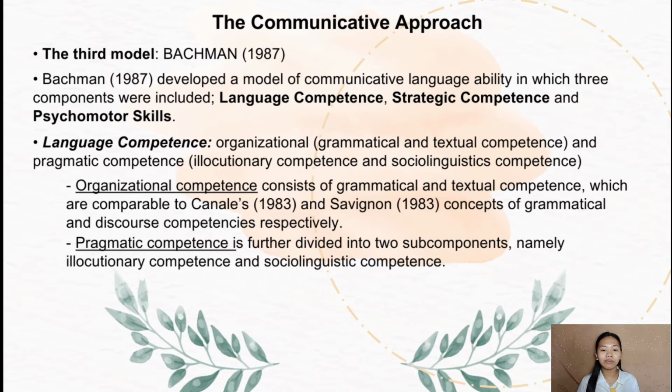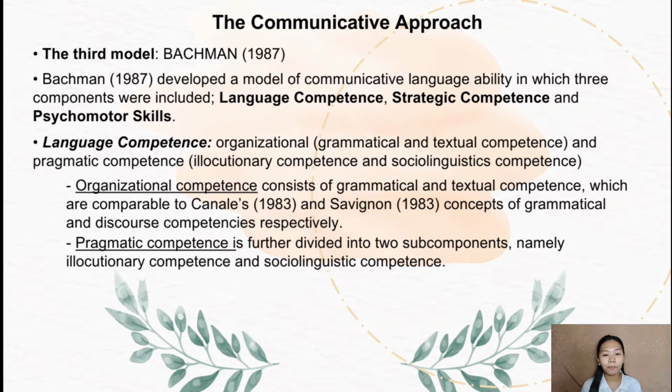Bachman developed a model of communicative language ability in which three components were included: the language competence, strategic competence, and psychomotor skills. Back with Canale and Swain, we had four components, and this time around, as you can see, we have three components: the language, strategic, and the psychomotor skills.